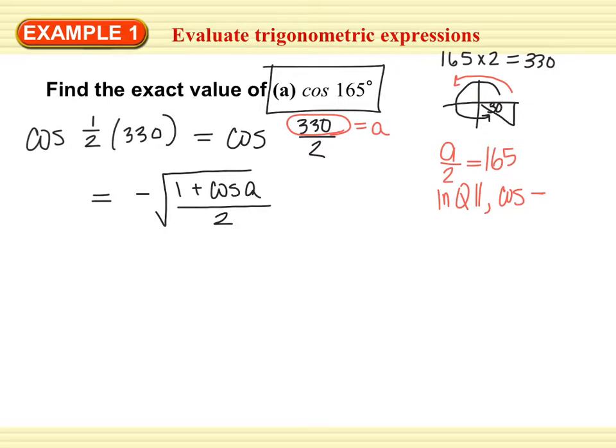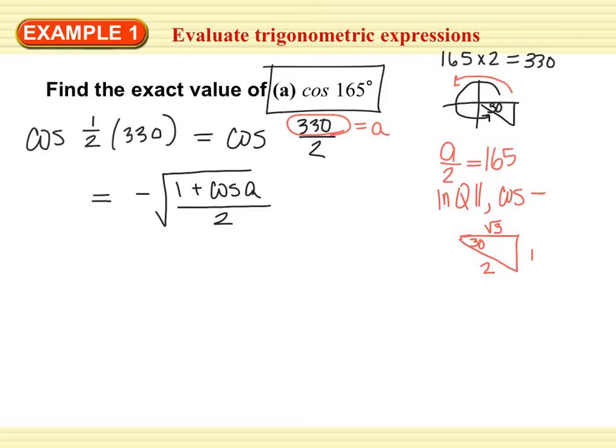So let me rewrite my triangle, because I can't really see it. This is 30 degrees. Across from the 30 degree is 1. Across from the 90 is 2. And across from the 60 is square root 3.